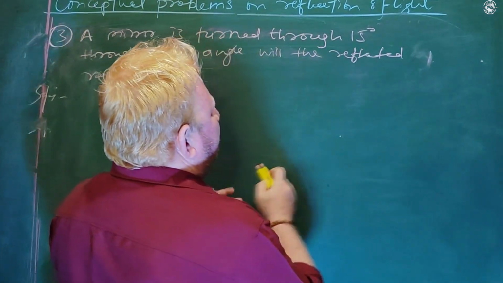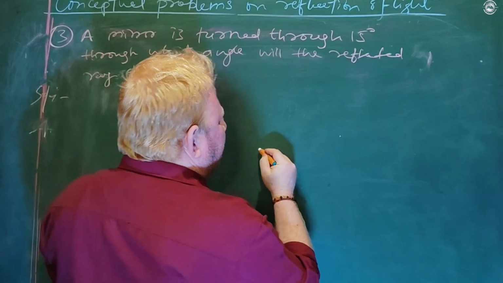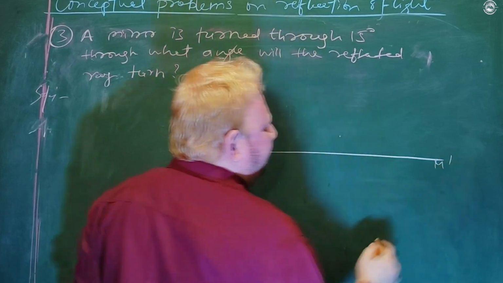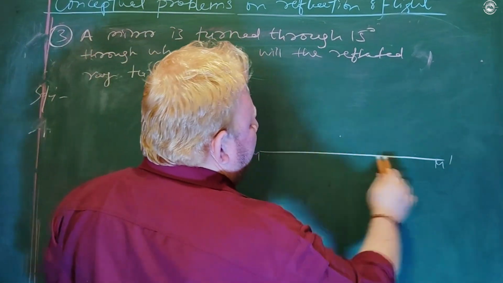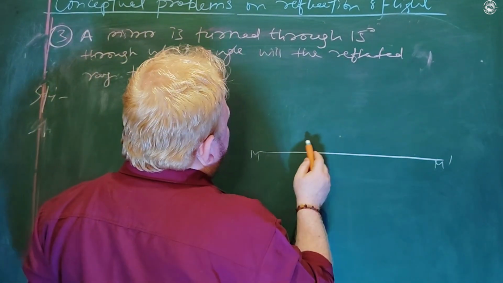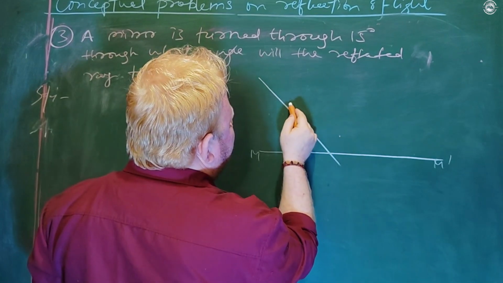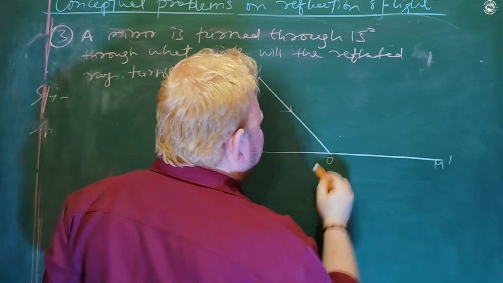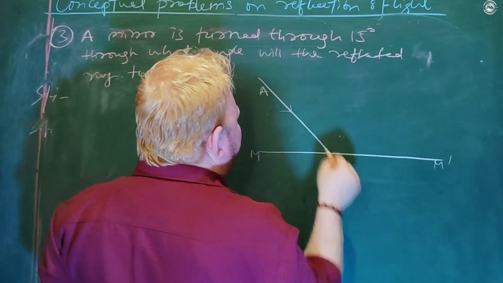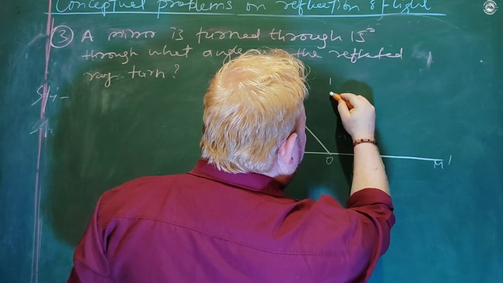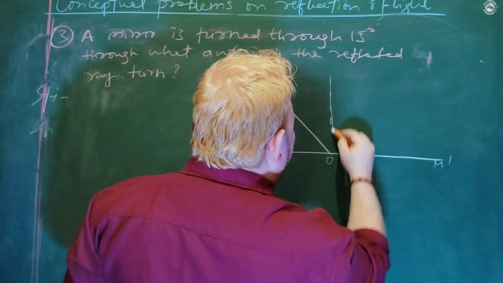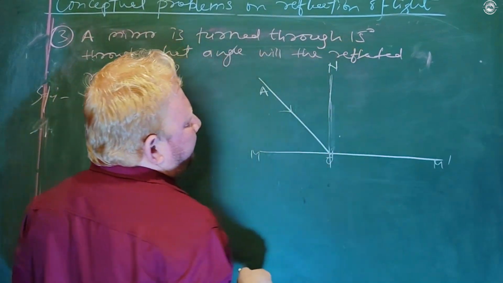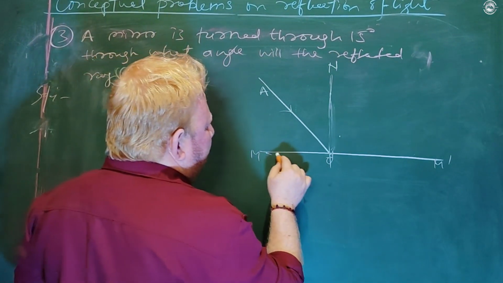So let us suppose this is one of the mirrors that is given to you, okay, MM dash, we can consider MM dash, and one light ray is incident, this is how one of the light rays is incident at the point of incidence O, and if AO is the incident ray, then we have the normal, like this is the normal, ON is the normal, and this is the mirror.